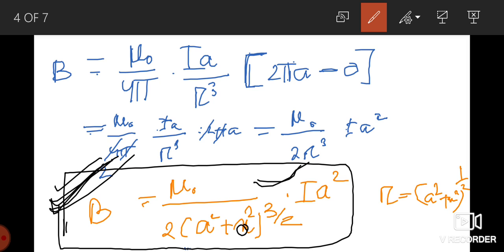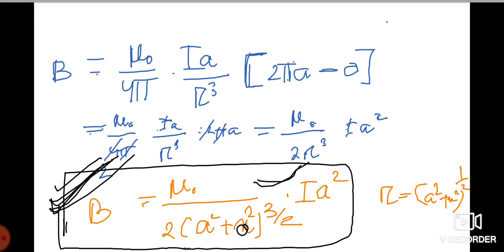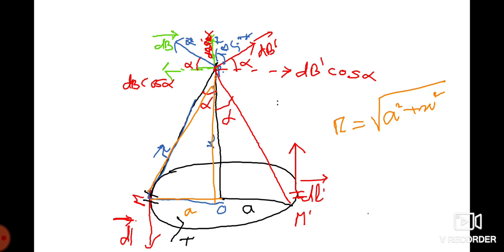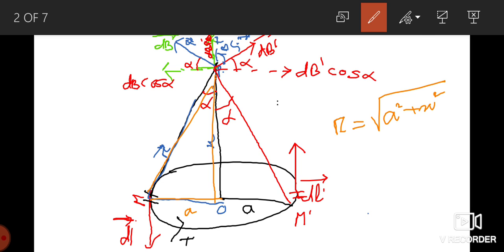I think you must understand. Sometimes the question arises why we could not take this angle as theta and that angle as alpha.